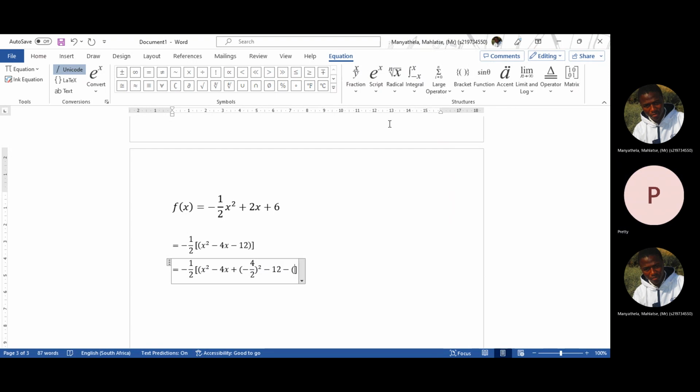So we subtract minus 4 over 2. Don't forget that this thing is squared.